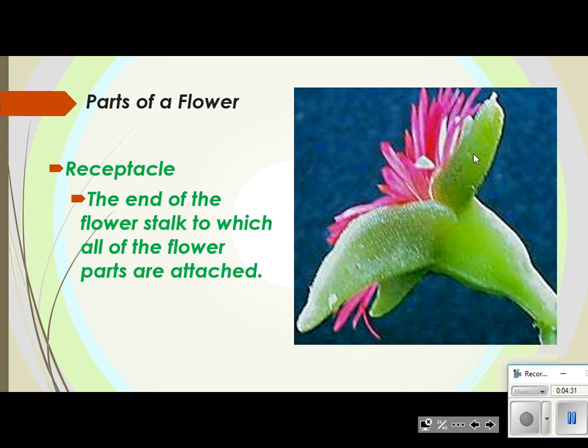We know that these are the sepals. So in between the stem and the sepals right here is the receptacle. So this area right here, sepals, stem, and the receptacle is in between the sepals and the stem.